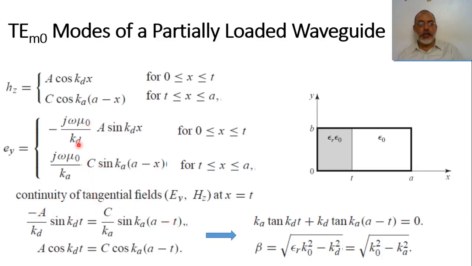And by eliminating j omega mu, because it's the same, here we have minus a over kd sine kd t equals c over ka sine ka multiplied by a minus t.